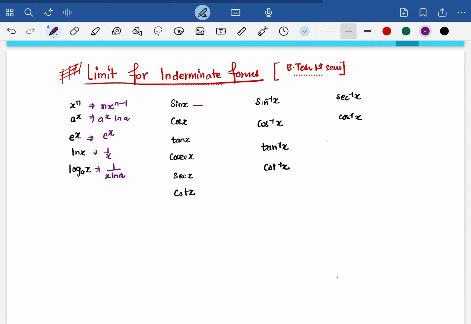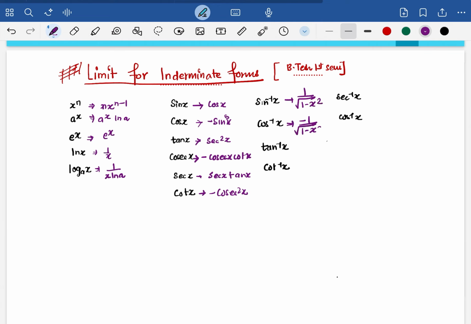Sin x differentiation is cos x, cos x differentiation is minus sin x, tan x differentiation is sec square x, cosec x is minus cosec x cot x, and sec x is sec x tan x, cot x is minus cosec square x, and sin inverse x is 1 upon under root of 1 minus x square, cos inverse is minus of 1 upon under root of 1 minus x square, tan inverse x is 1 by 1 plus x square, cot inverse is minus of 1 by 1 plus x square, sec inverse x is 1 by x into under root of x square minus 1, and cosec inverse is minus 1 by x under root of x square minus 1.